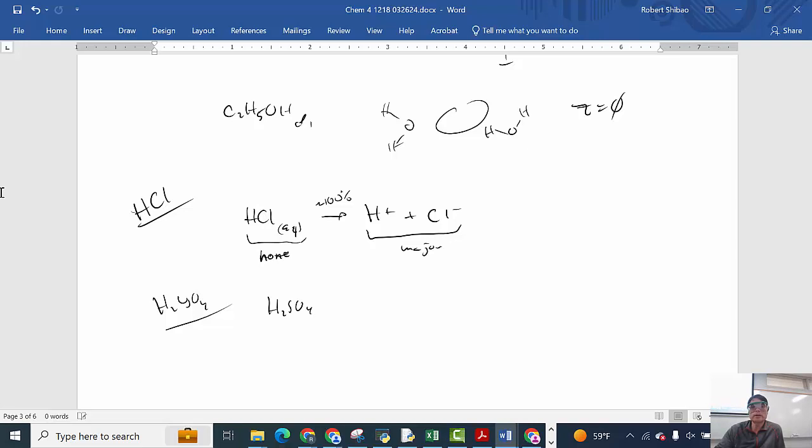H2SO4, we also expect about 100% dissociation. But H2SO4 is very difficult because of the way it dissociates. The first hydrogen breaks off 100%, but we have trouble with the second hydrogen. There are two hydrogens here. The second hydrogen does not break off 100%. In fact, very little breaks off.